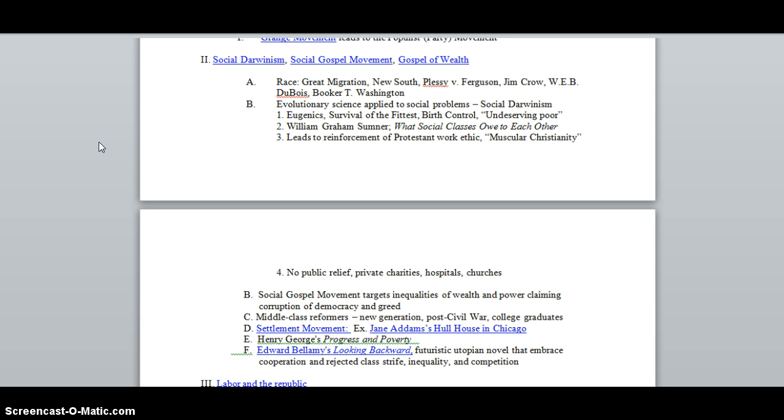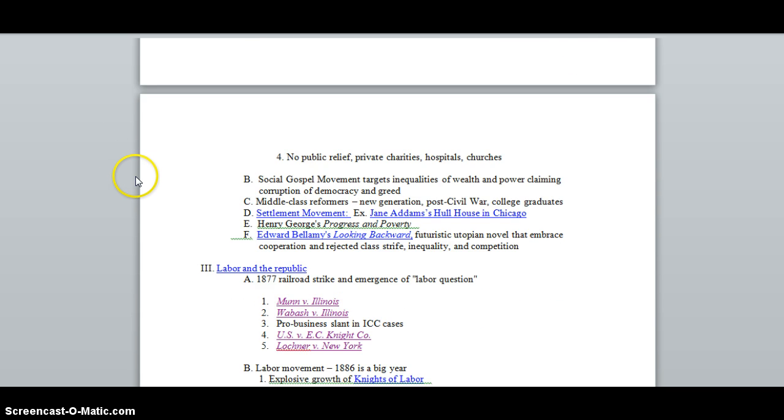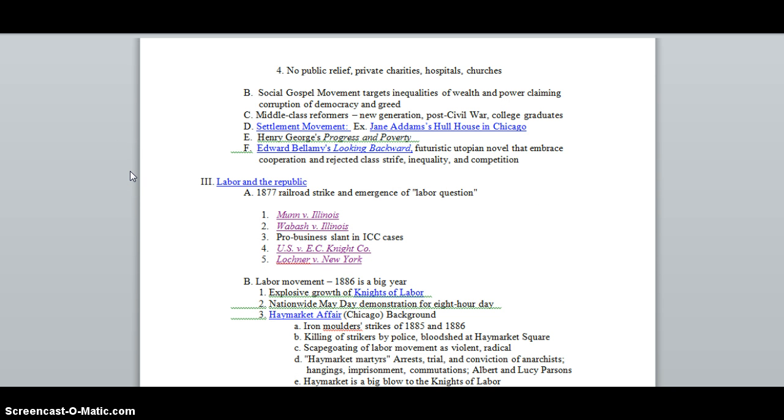Also, as we're leaving the Gilded Age and starting to get into the progressive movement, something to keep in mind is that the progressive movement is going to be inspired in part because there are no public relief programs. There is no welfare. There is no child and family services. There are only private charities and hospitals and churches.